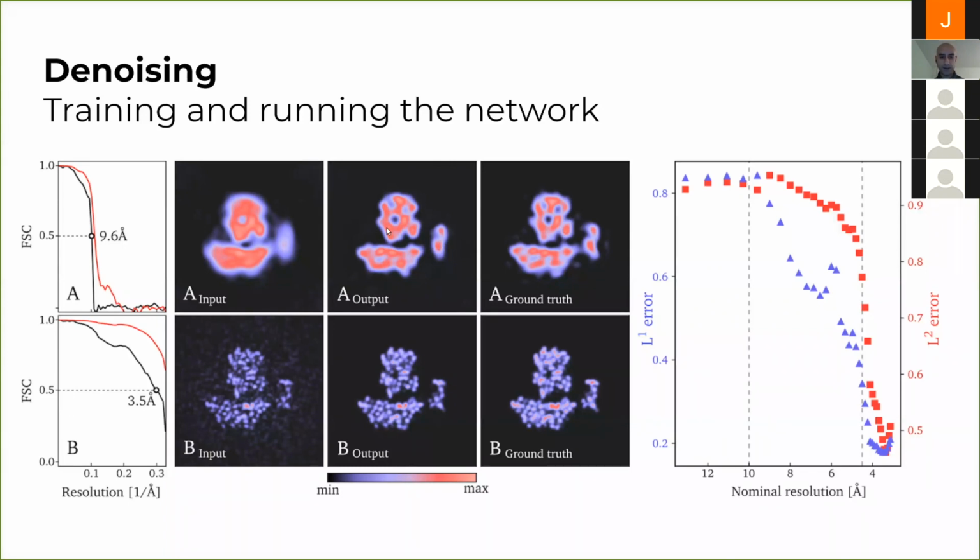So you can see here that in the very low resolution domain, the denoiser is capable of getting rid of some of these rotational smearing artifacts. But in the higher resolution domain, the denoiser is very good at removing the background noise, and it basically has learned to create a solvent flattening mask and applies it to the reconstruction.